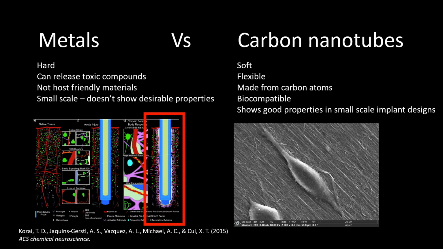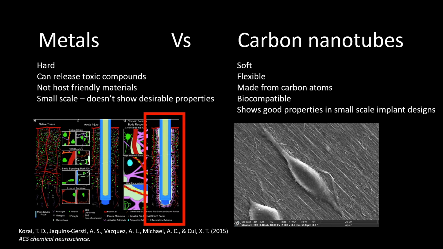Carbon nanotubes are soft and flexible, so they're less likely to cause considerable damage during implantation. Also, carbon nanotubes are made from carbon atoms, so they are host-friendly and they do not release toxic compounds. In this picture, we have shown how a neuronal cell grows on a carbon nanotube film.